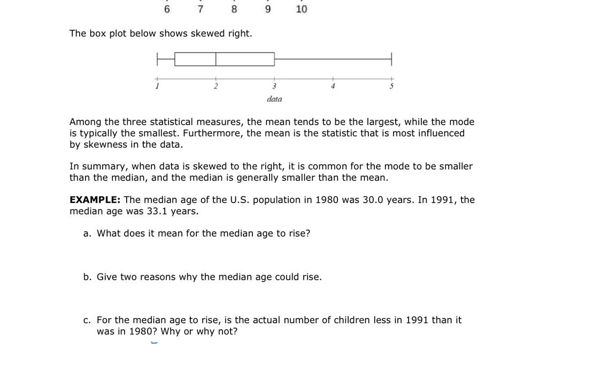So that's why we could have a median being much higher in 1991, because the numeric value of children could be the same, but if you compare it to the population size, which increased, the median age goes up. And if it's still the same number of children in 2022, your median age is still going to increase.